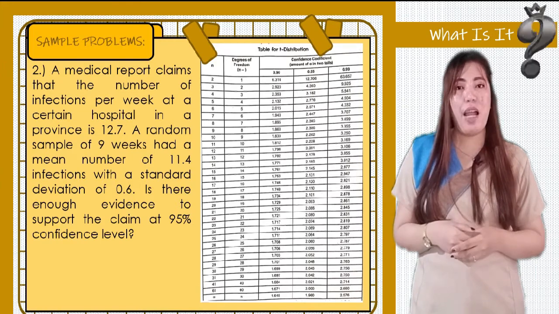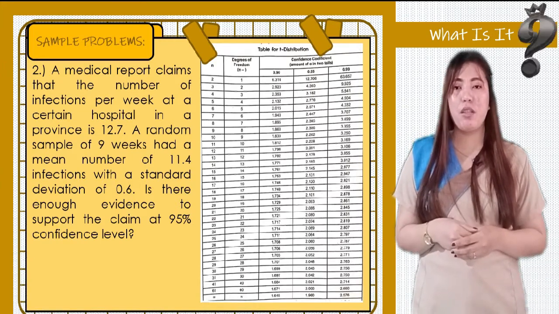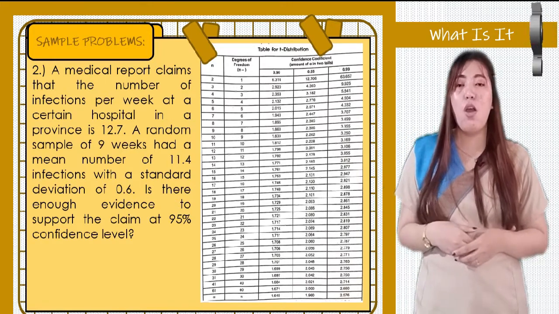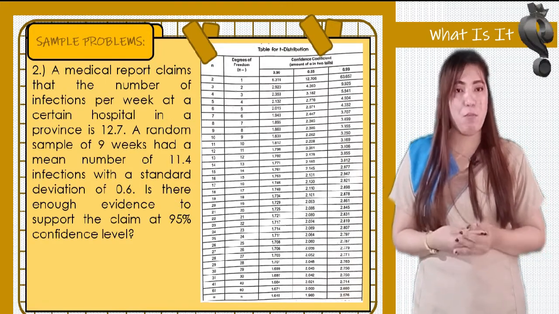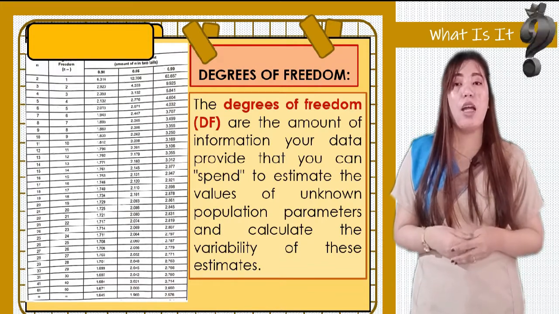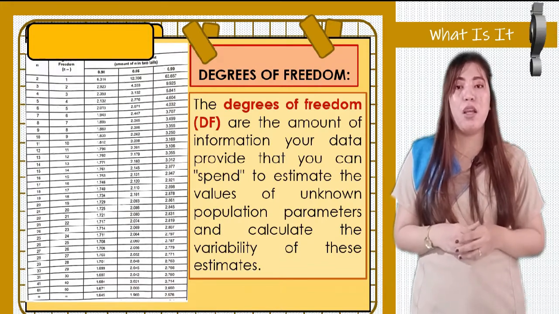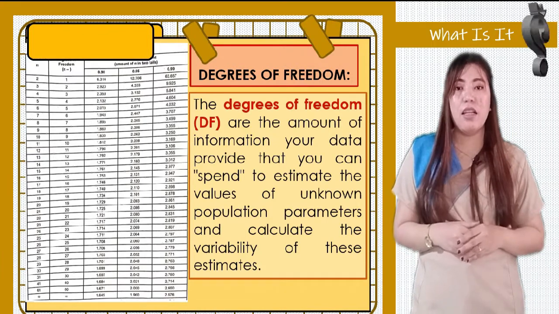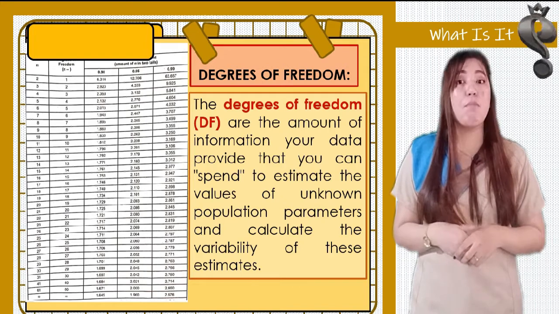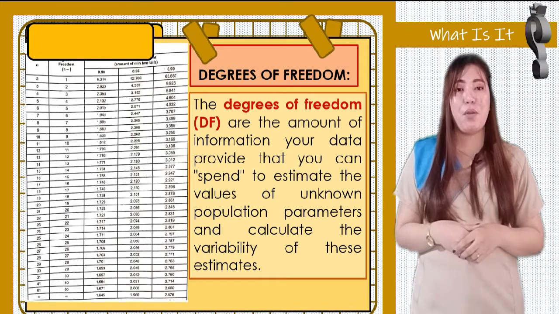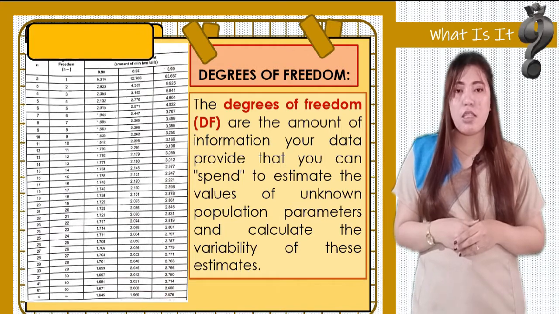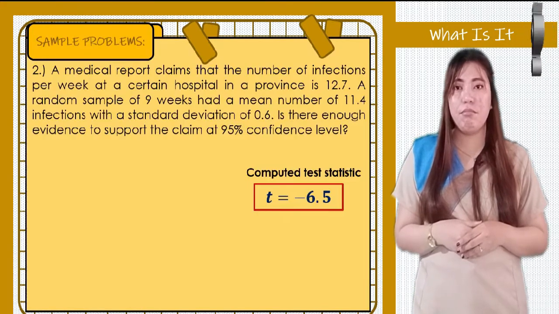Next is to find the critical value. In finding the critical value of the t-test statistic, we need to find the degrees of freedom. The degrees of freedom, or DF, are the amount of information your data provide that you can spend to estimate the values of unknown population parameters and calculate the variability of these estimates.